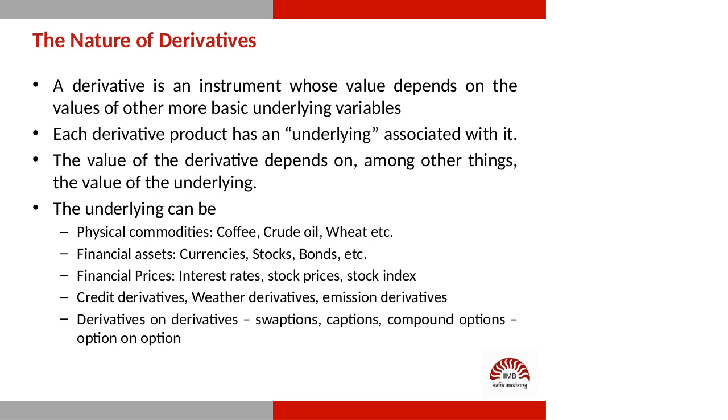Why do you think I have financial asset and financial price separately out there? Any guesses?